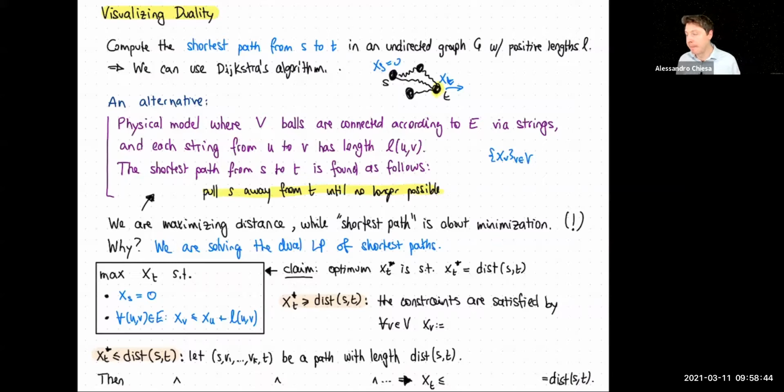Since s stays put and we're pulling away x_t, subject to the physical constraints of the strings, we fix x_s to be 0 and allow any ball to move at most l_uv away from the previous ball.